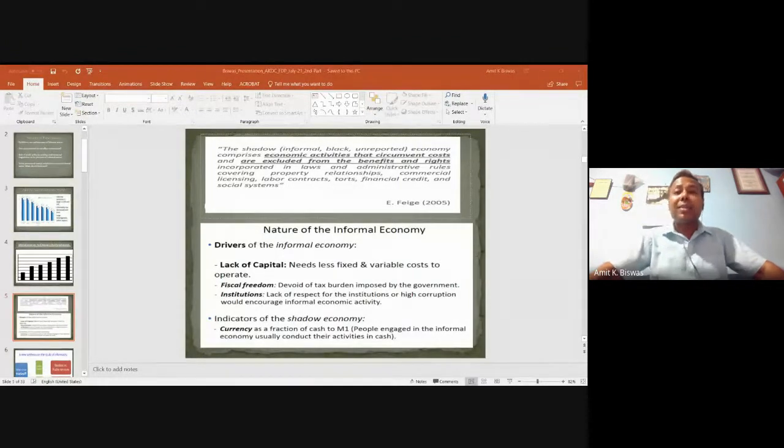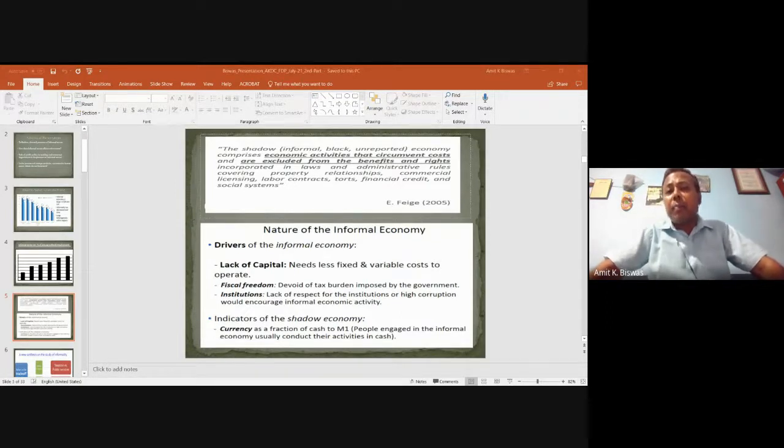But the targeted people like doctors, lawyers, industrialists, they escaped just by having links with politicians and the bankers. So basically, fiscal freedom is one of the major reasons for having an informal or a black economy.